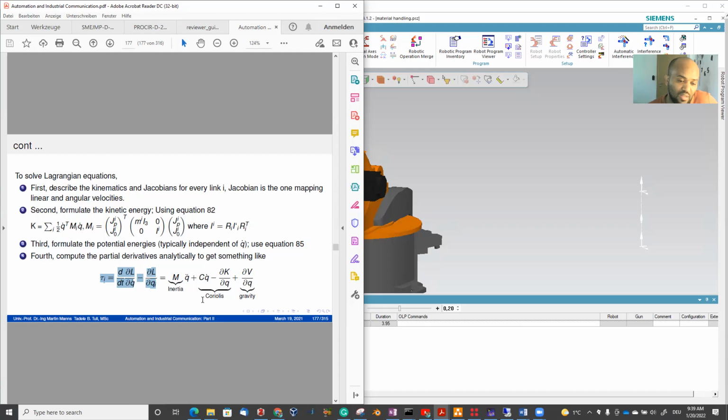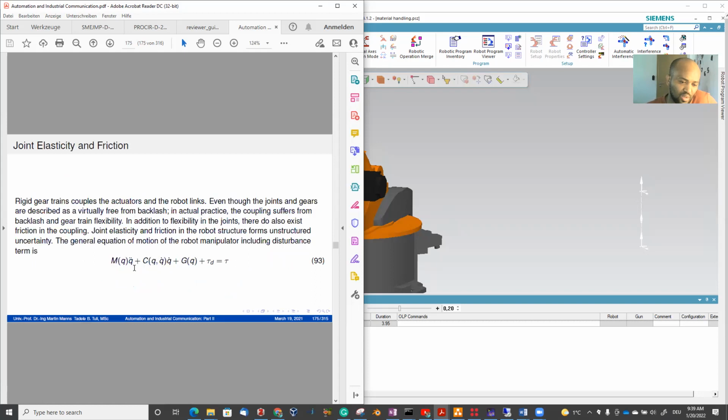Mass is a mass inertia, simple mass and inertia. Why do we have a capital M here? It is a combination of linear mass plus the inertia of the robot links.